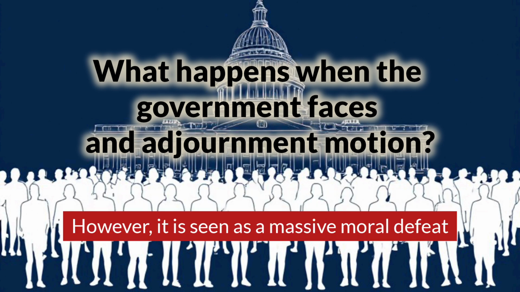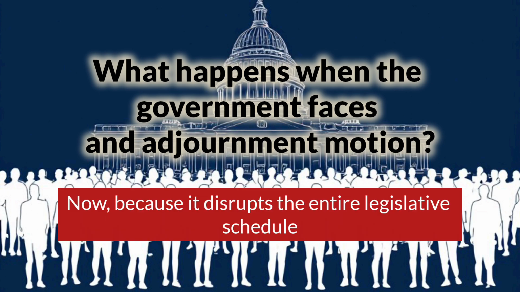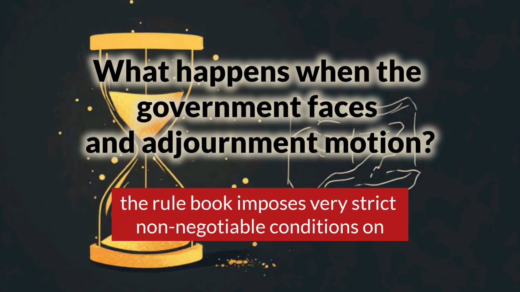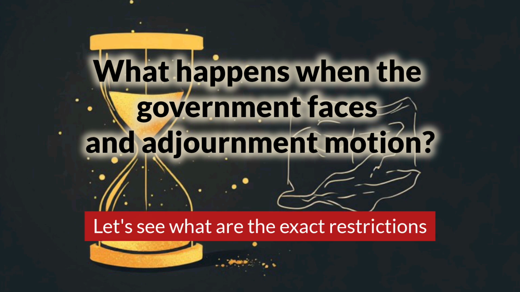However, it is seen as a massive moral defeat and a formal censure of the government's actions. Now, because it disrupts the entire legislative schedule, the rule book imposes very strict non-negotiable conditions on what actually qualifies for this motion. Let's see what are the exact restrictions.